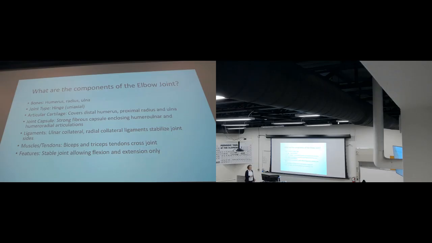So now, what ligaments help to stabilize this joint? Well, here in the lateral portion, we have the lateral collateral ligament or radial collateral ligament. And then medially, we have the medial collateral ligament or the ulnar collateral ligament.